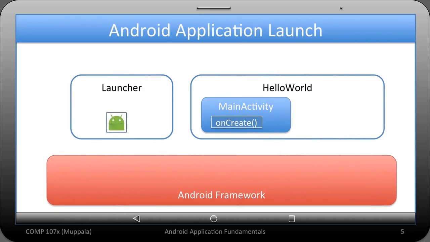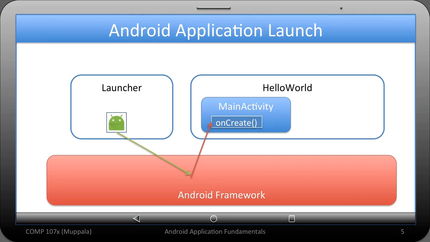Typically, when you launch your Android application, you click on the icon corresponding to your application. Now, essentially what happens is that when you click on the icon, this results in a call into the Android framework, which then goes ahead and creates the appropriate activity that displays the user interface for your application.